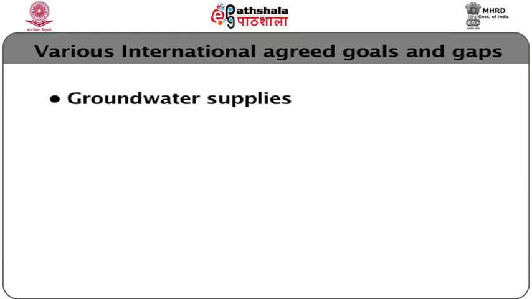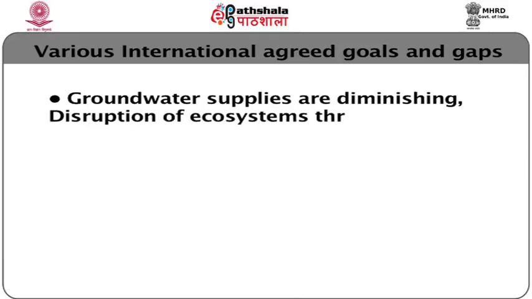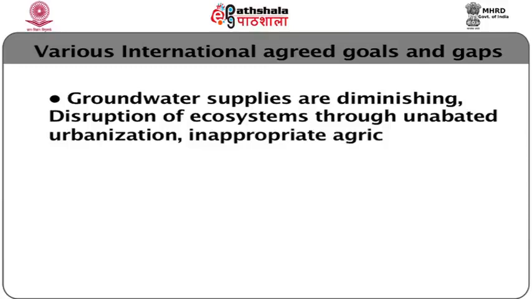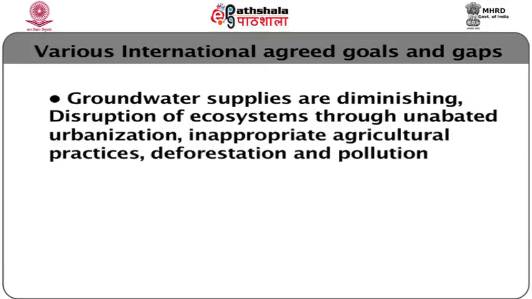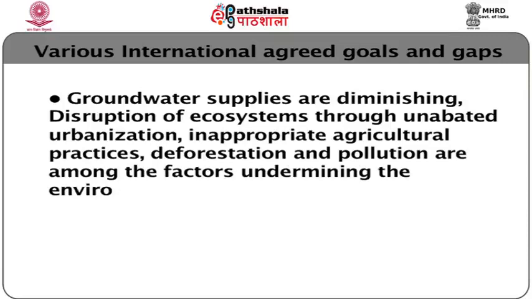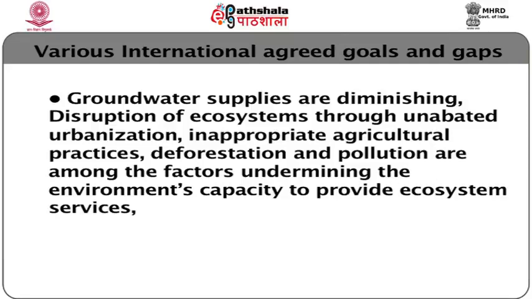Of course, groundwater supplies are diminishing, and therefore disruptions of ecosystems through unabated urbanization, inappropriate agricultural practices, deforestation and pollution have to be targeted, and the environmental capacity to provide ecosystem services, including green, clean water, has to be the objective.